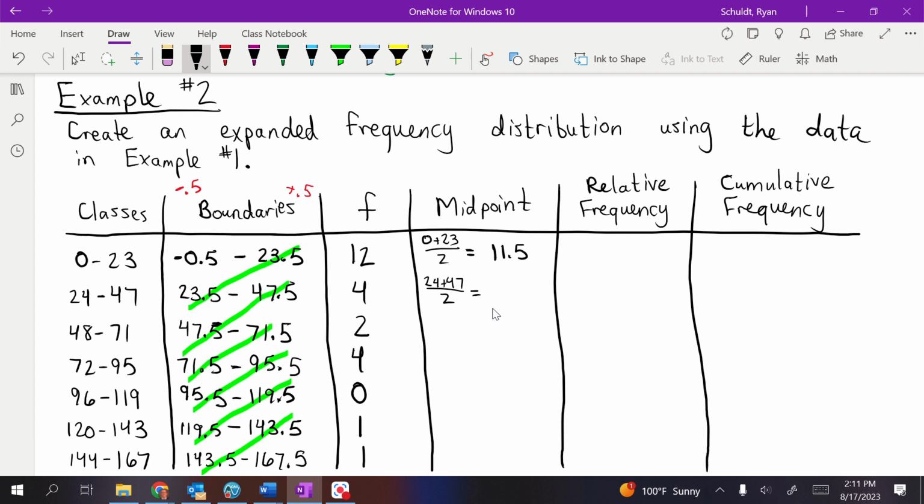Wouldn't that give you the same thing? No, it wouldn't be 11.5. 35.5? Oh, you have. I think it is.